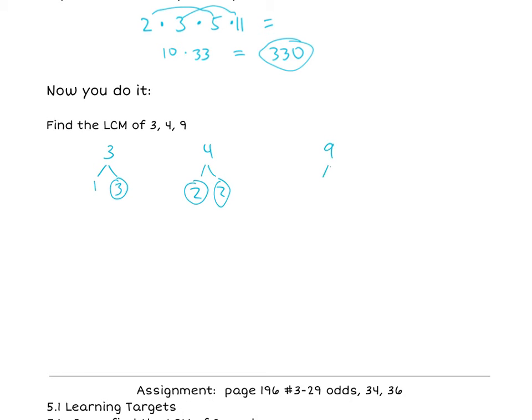And 9 is 3 and 3. So you have 3 here, you have 2 times 2, and you have 3 times 3. 2 times 2 we could write as 2 squared. Do you agree? And 3 times 3 is 3 squared.